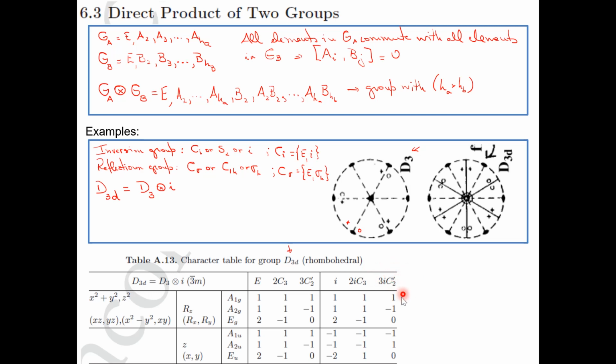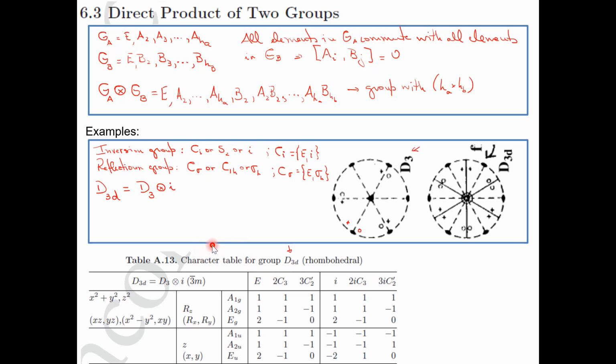Okay? So this is the character table of the D3D group, and now you understand how one can see the D3D group as a direct product of the D3 and the inversion group. So that's why we have this notation that we may have seen already.